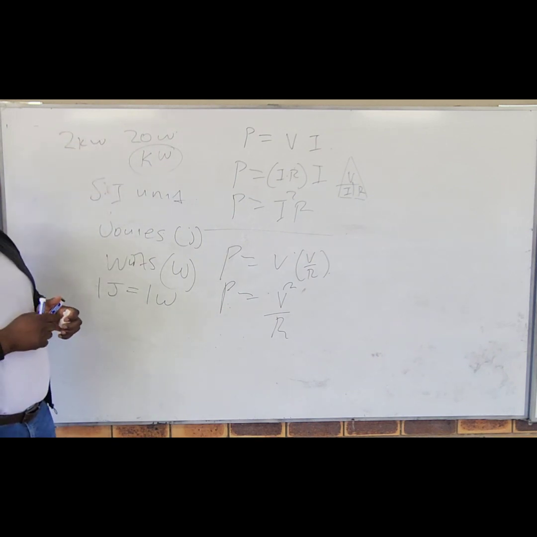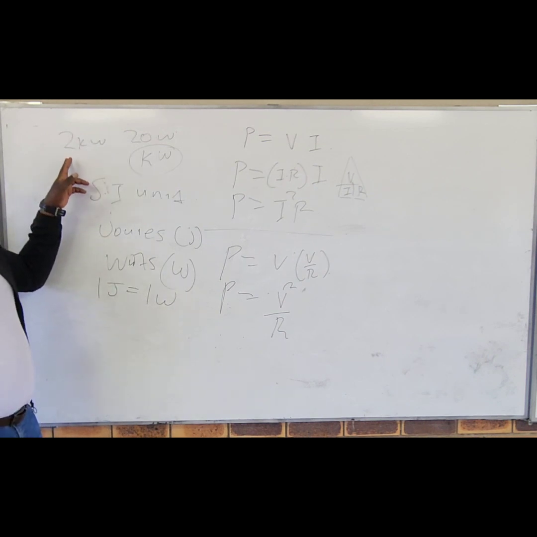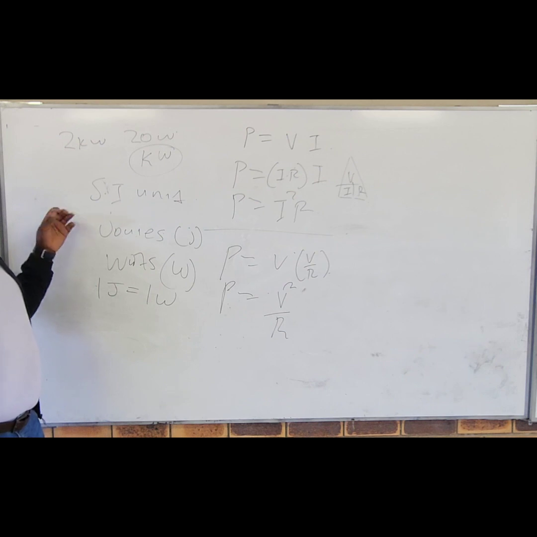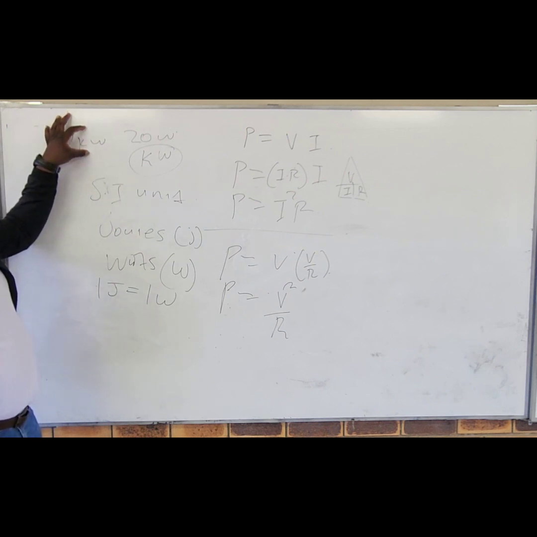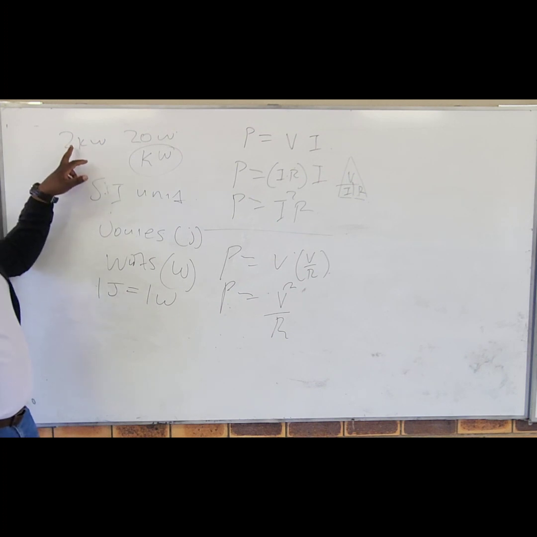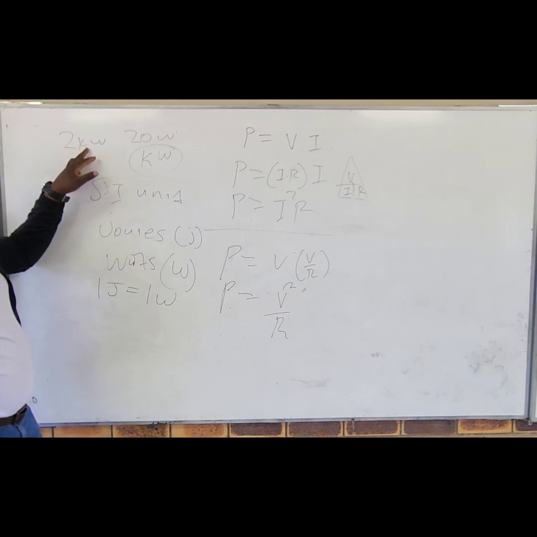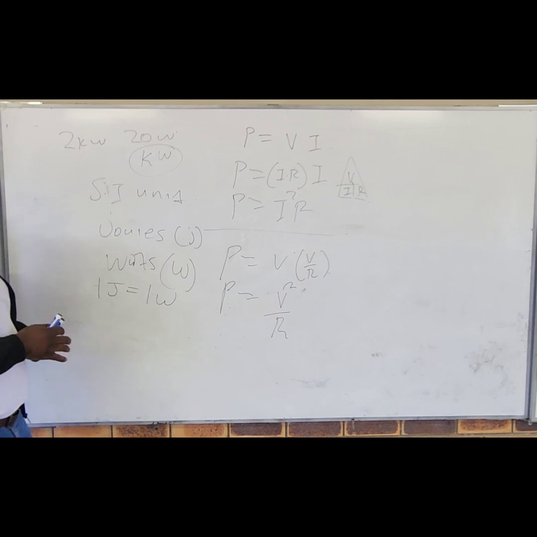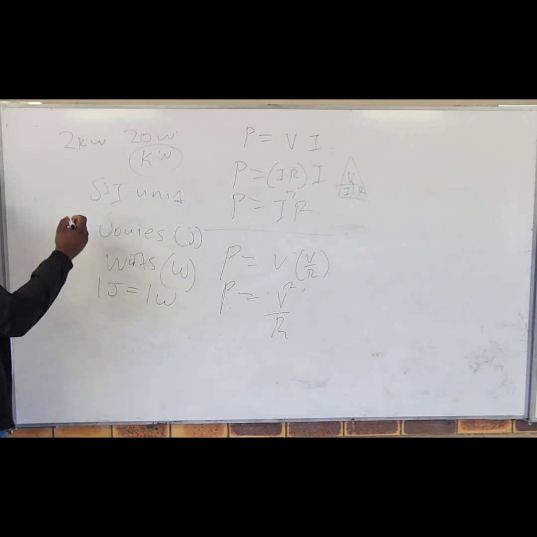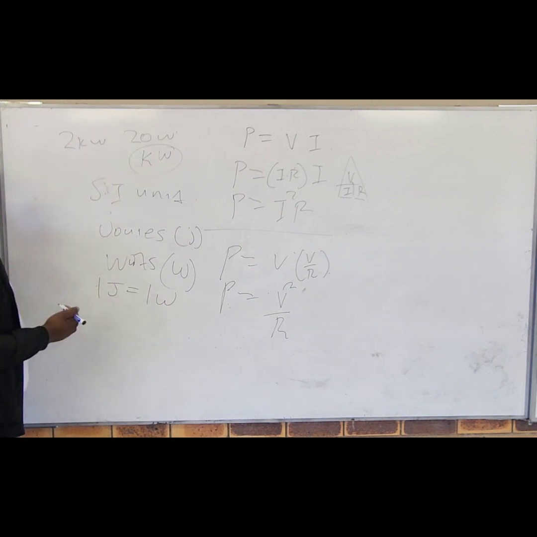You need to multiply by 1000 to go to watt. Because when you move from the biggest to the smallest unit, you multiply. The smaller unit must be equal to a very large number of the smallest value. I mean, 2 kilowatt must be equal to how much? 2000, not 200, 2000, because we multiply by 1000, you understand?